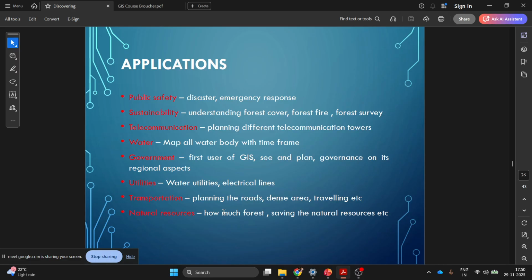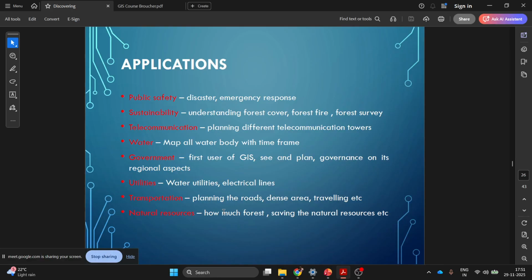Using GIS, I can visualize how these fluorides have contaminated a particular area, whether people can use groundwater for drinking or whether I should plan some alternate source. And in the case of water, we can analyze a lot of parameters affecting our water and groundwater, which can be visualized and analyzed using GIS.